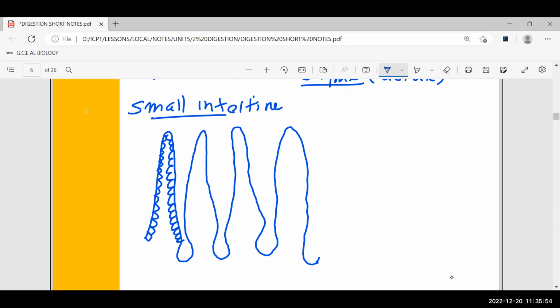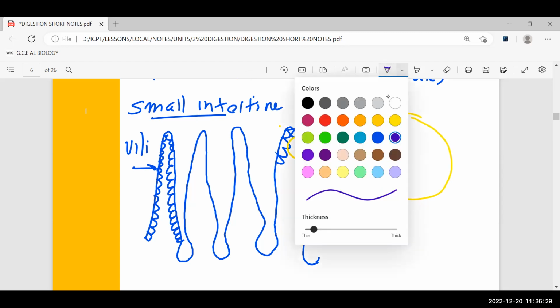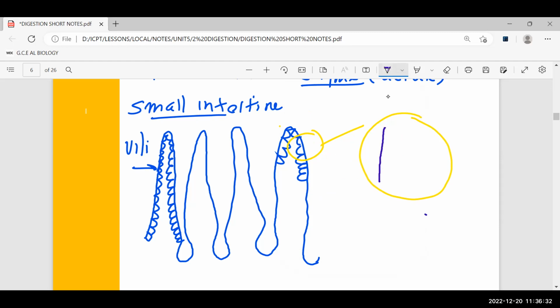And these projections are called villi. They are not pits, we call them villi. And most of the time, if we analyze using a microscope, the cells in this place, for example, we take one cell from this place and look under the microscope, we can further find the epithelial cells also make a projection like this.